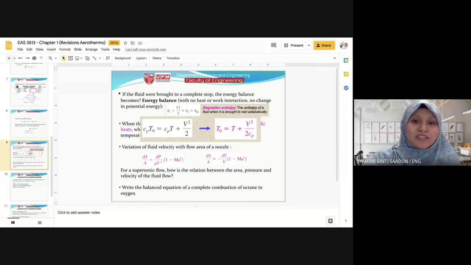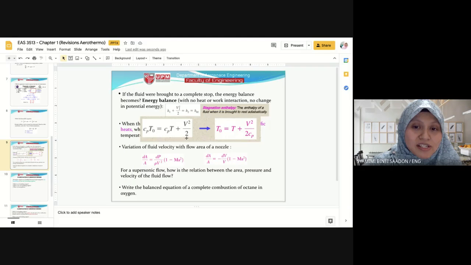That's why sometimes we call it total instead of stagnation, because the total value of temperature, enthalpy, pressure is in terms of the static value plus V squared over 2, the kinetic energy part.